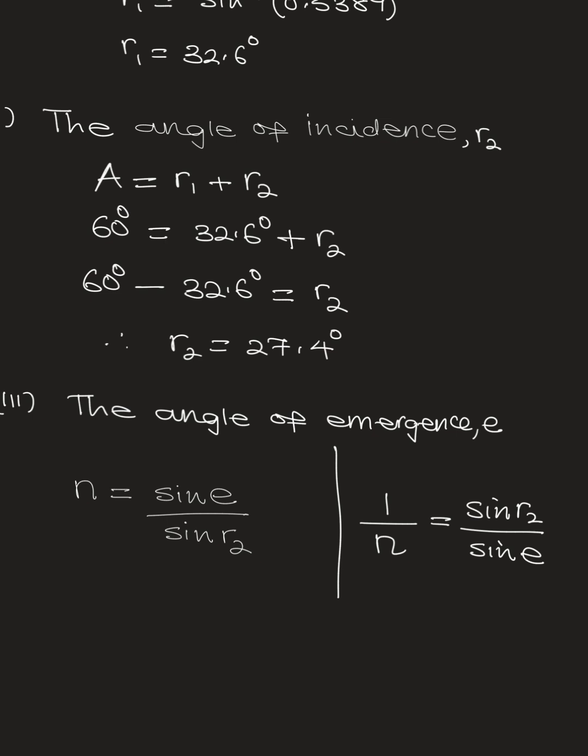So we are going to make it simple by using the refractive index is equal to sine of the angle of emergence divided by sine R2. That is when we are considering the movement of the ray of light from air to the glass. Okay, so the refractive index is 1.52.